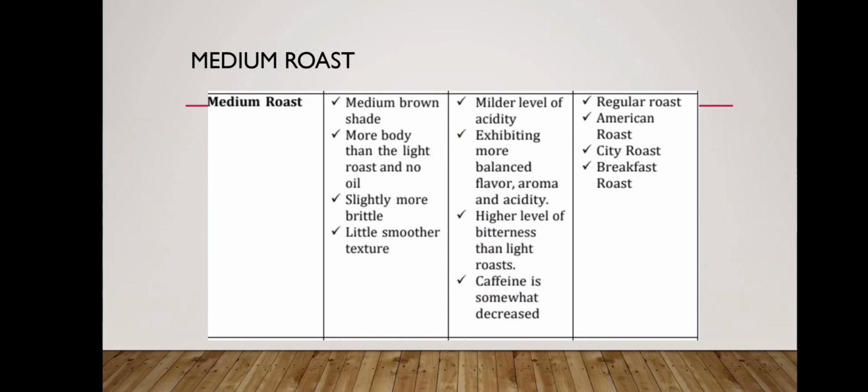Sa third table naman, yung kanyang flavor is milder level of acidity, exhibiting more balanced flavor, aroma, and acidity, and also higher level of bitterness than light roast, and caffeine is somewhat decreased.